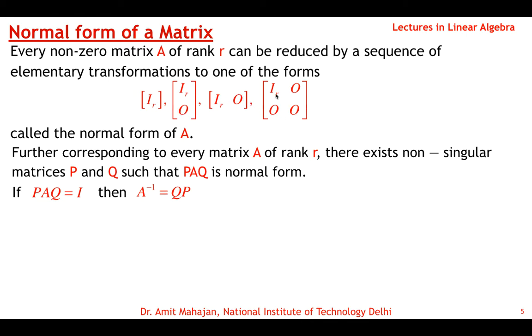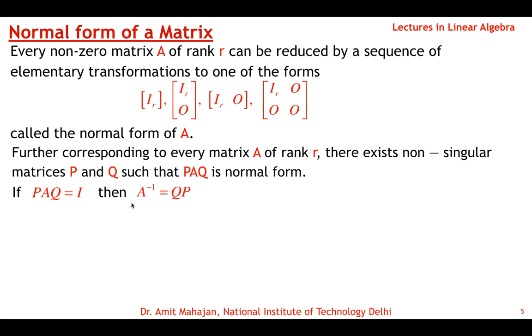So the matrix is not invertible, because it may not be a square matrix, or if it is square, then the determinant is zero. So it is a non-invertible matrix. But in either case, P and Q will be non-singular.